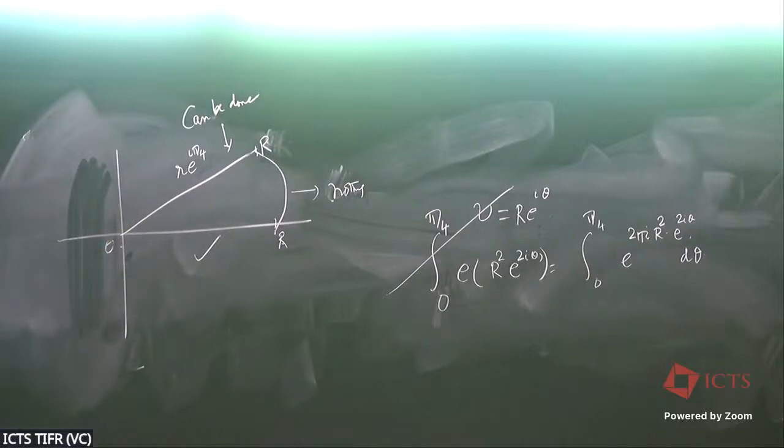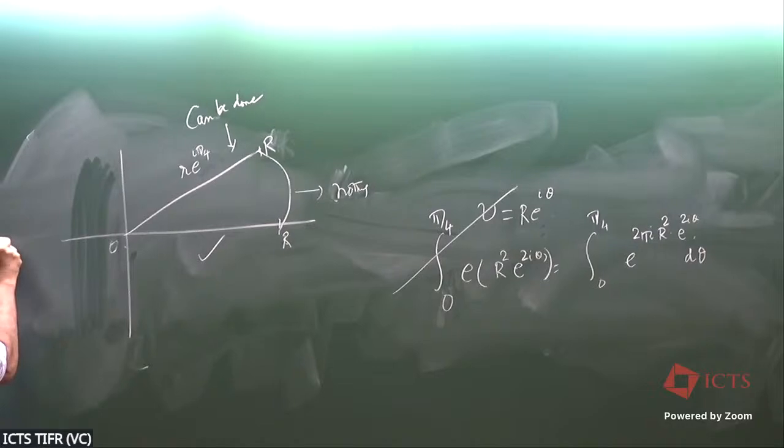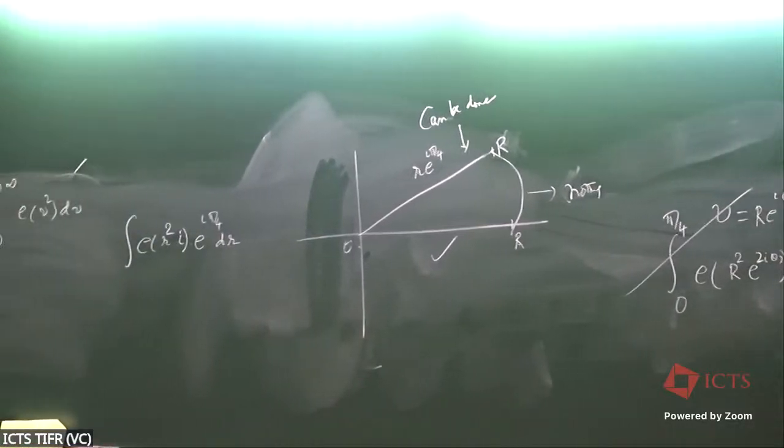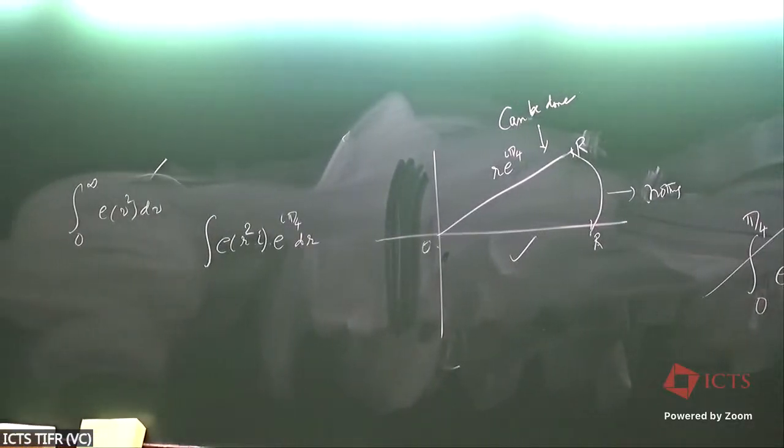And then of course, the first one is E of R². Then you have i π/4 squared, which is e^{iπ/2}, which is nothing but i. And then the dV will give you e^{iπ/4} dr. And now, as we said, it becomes a real integral, because E of z equals e^{2πiz}, so you can do that.